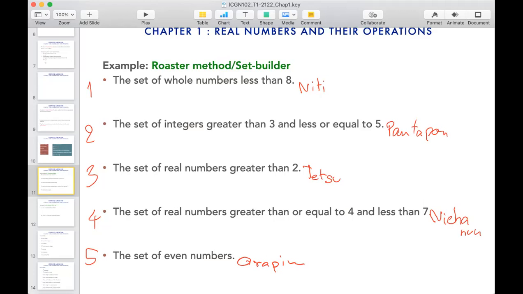The last one. For the last question, it said the set of even numbers. You can write like this: 2, 4, 6, 8, 10. So this is the standard one that everybody knows. This one is okay too.